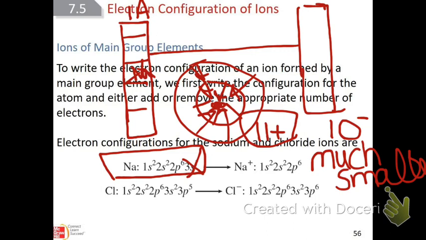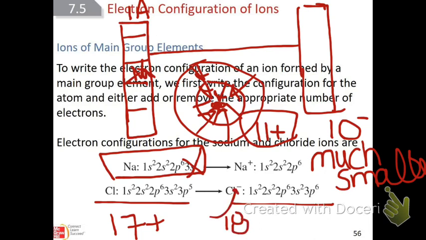And then the same is going to be true of chlorine and its ion. What happens between the element that is neutral and its ion, which it has to gain? This one has 17 protons, 17 positives, and it had to gain one, so it has 18 negatives.